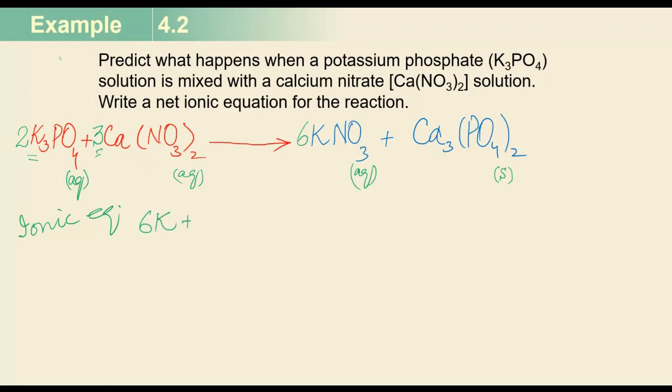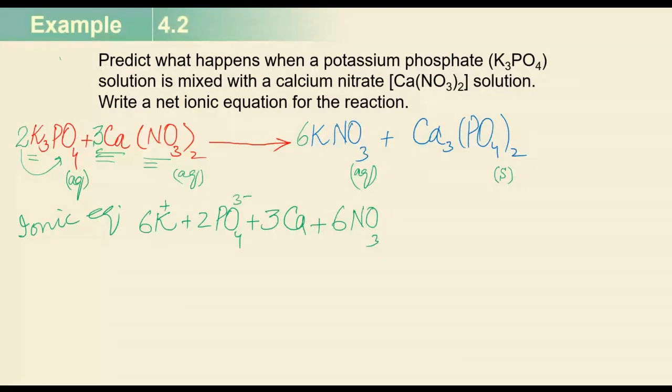And how many PO4? 2 PO4, because this 2 will multiply with this PO4. So 2 PO4 plus how many calcium here? 3. Very good. And how many NO3? Very good. 6 NO3.